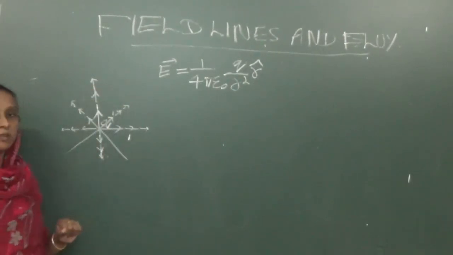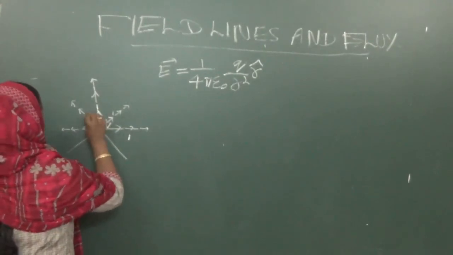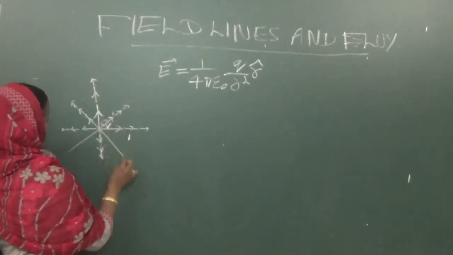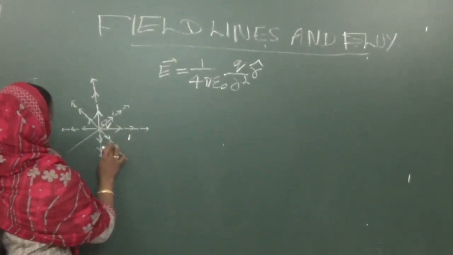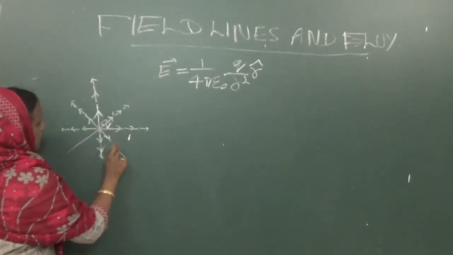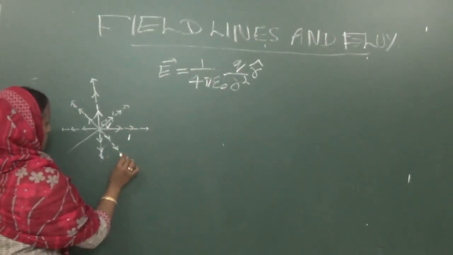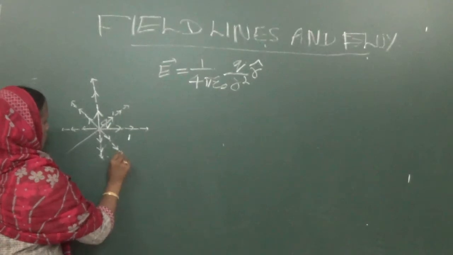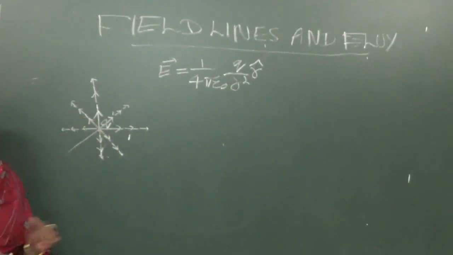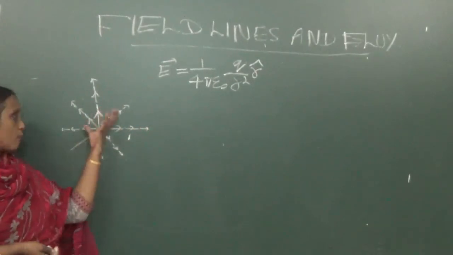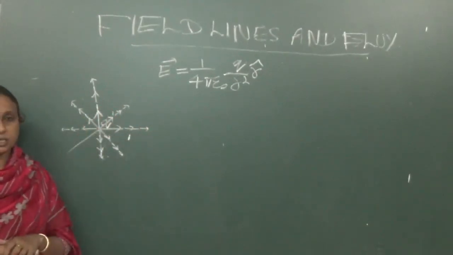Similarly here also. Then you can draw as many field lines as you want, when we express this type of magnitude representation.